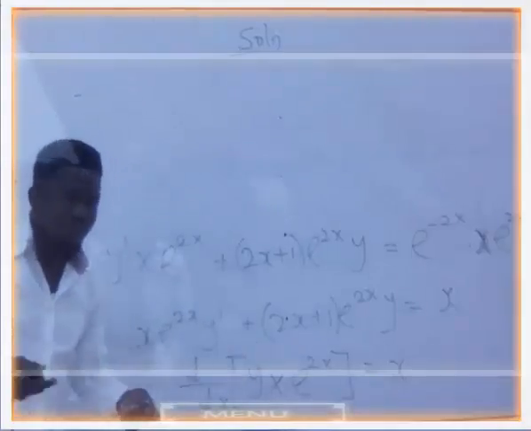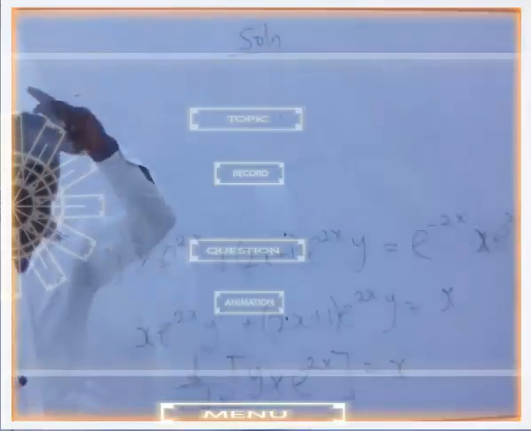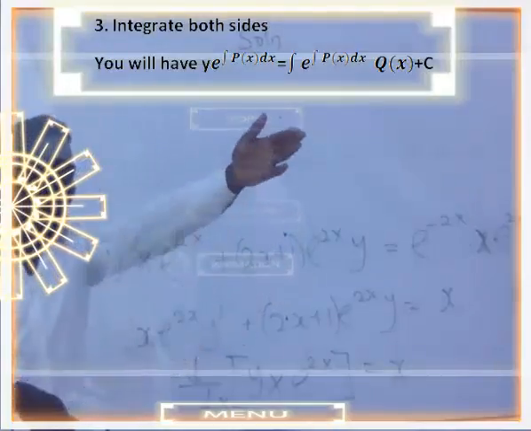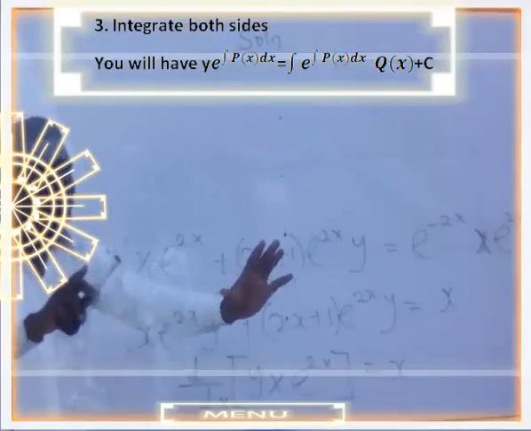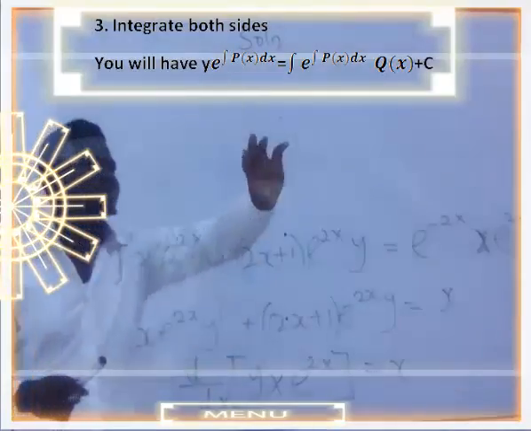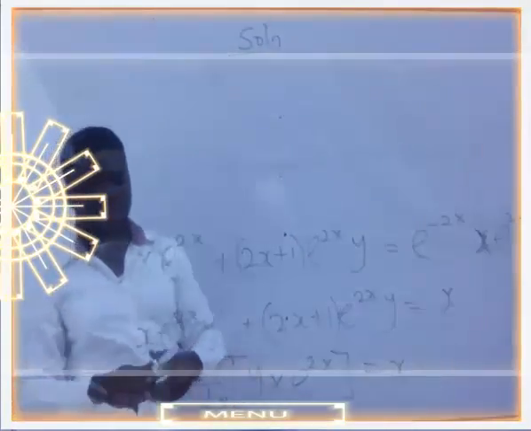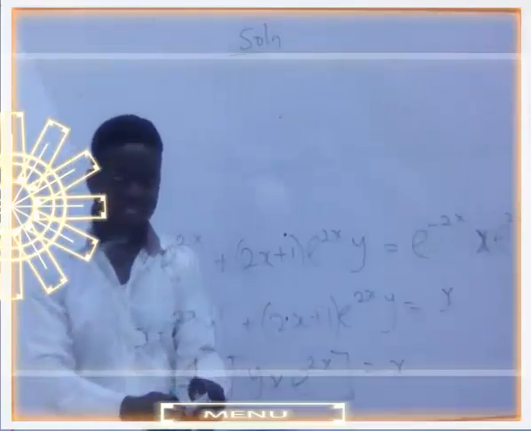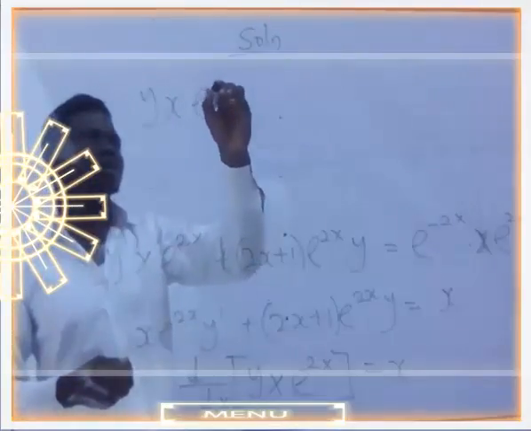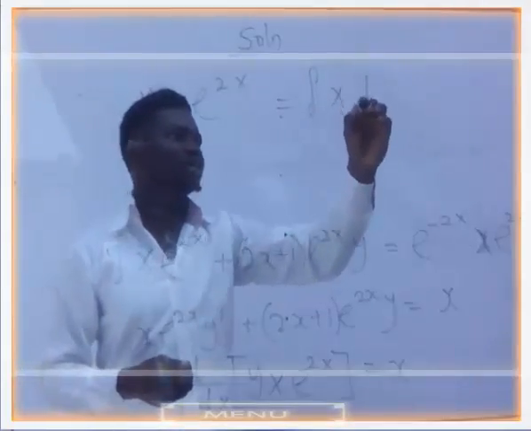If I integrate both sides, the integral will cancel with the dx on the left hand side, so I'll have y x exponential 2x is equal to integral of x dx.